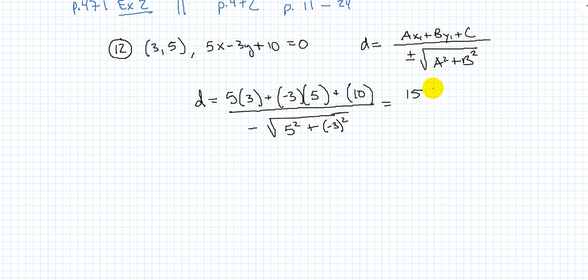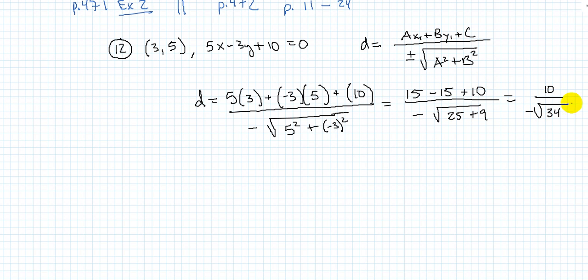So 5 times 3 is 15, minus 15, that's nice, plus 10, all over negative, and we get, did I write it down right? Looks like it. We got 25 plus 9. So I have 10 over the square root of negative 34.